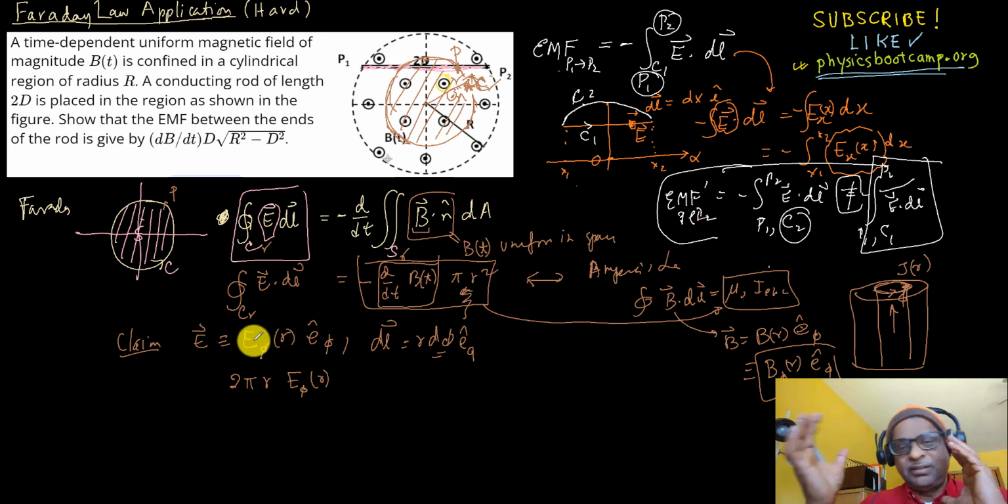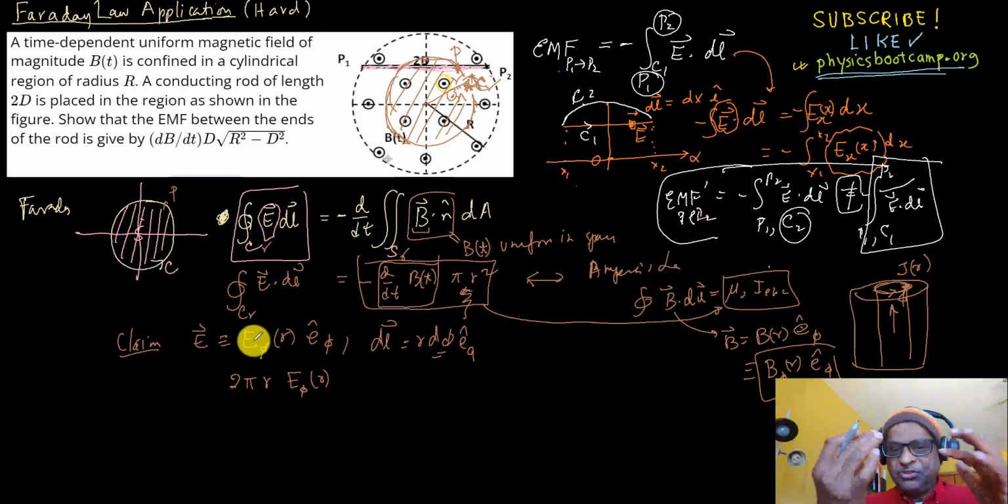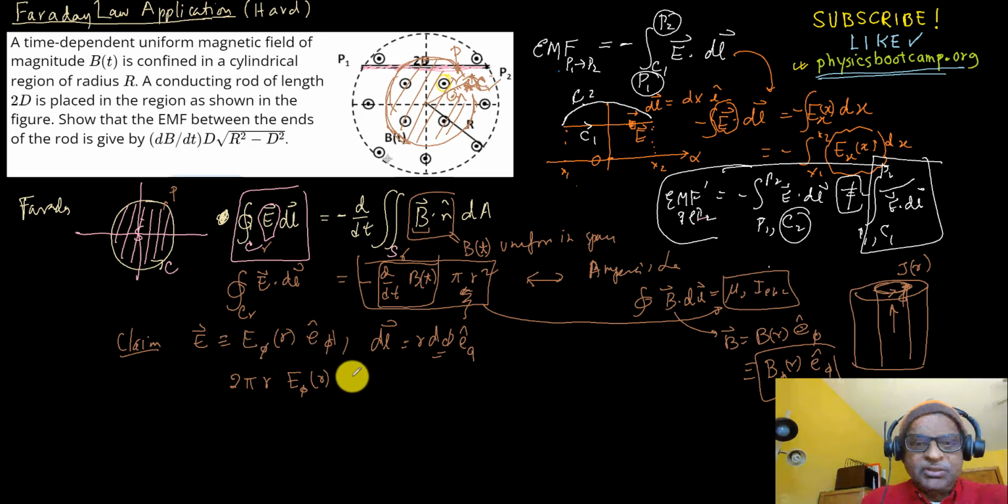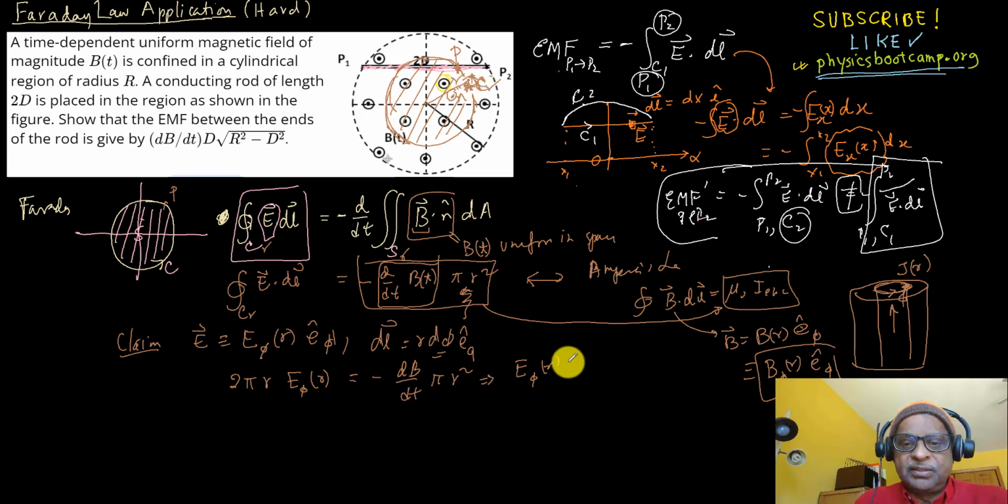This is thinking in terms of 3-dimension and spherical coordinates. So this will be equal to minus dB/dt times pi r squared. So E phi at distance r equals minus dB/dt times r over 2.